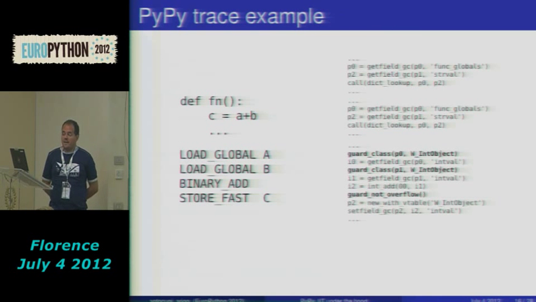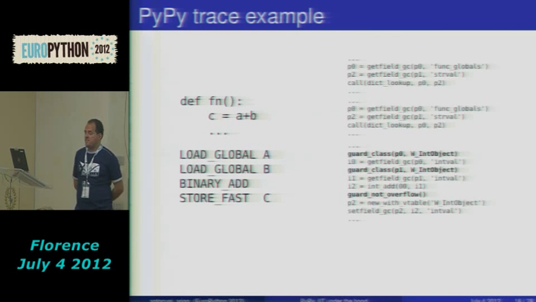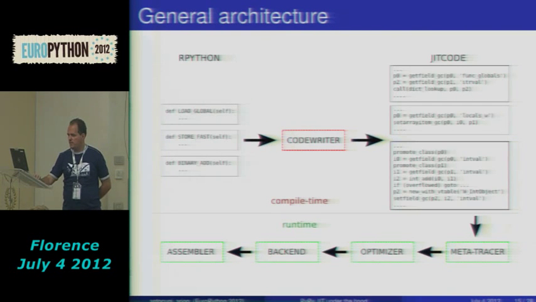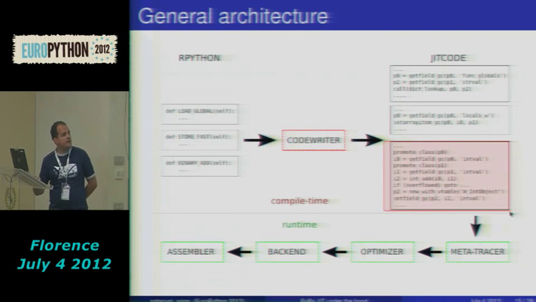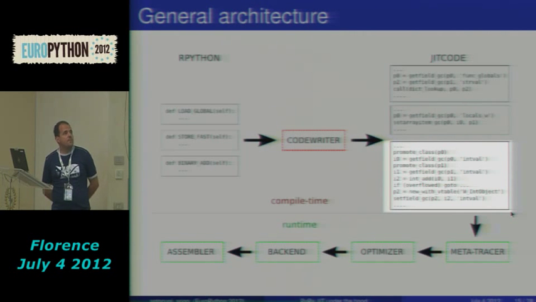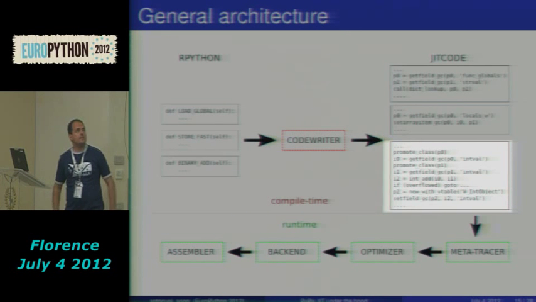Then we record a binary add, and in binary add the same happens as in the Java example earlier, because if you look at the code here, you see that in binary add we have promote class, which basically is the equivalent of what we did earlier in invoke virtual.